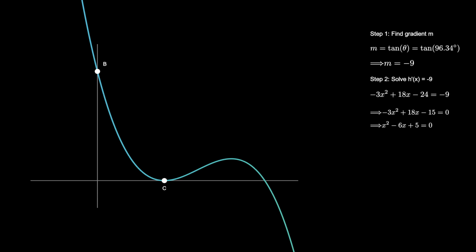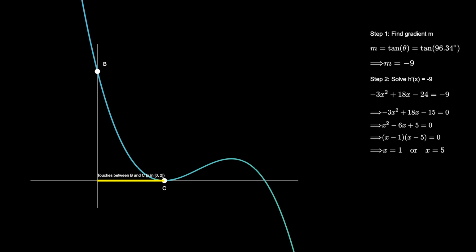Negative 3x squared plus 18x minus 15 equals 0. Divide everything by negative 3. x squared minus 6x plus 5 equals 0. Now factorize. (x minus 1)(x minus 5) equals 0. So x equals 1 or x equals 5.